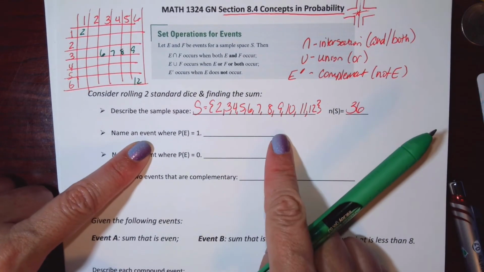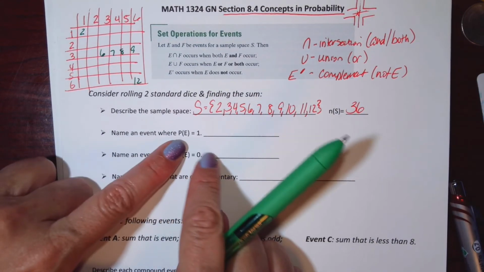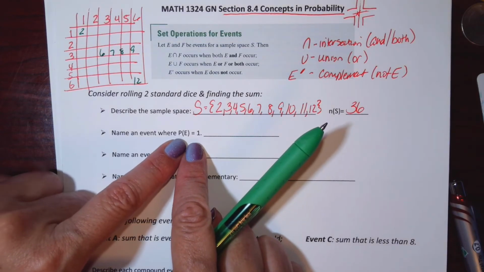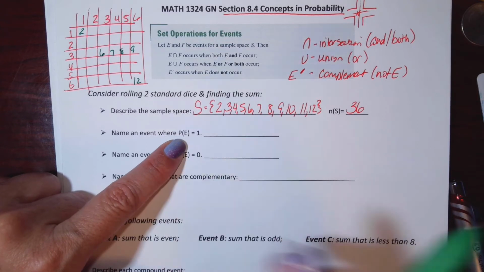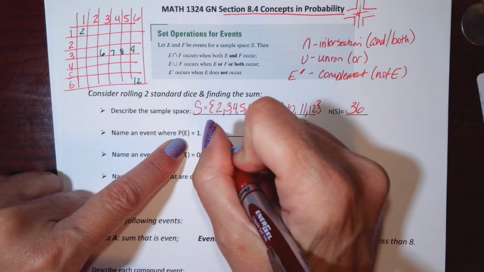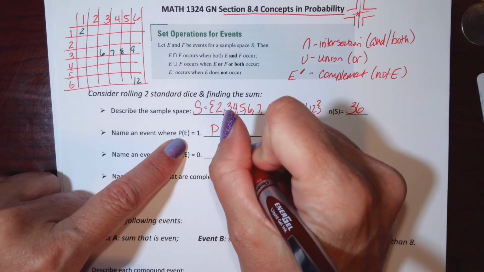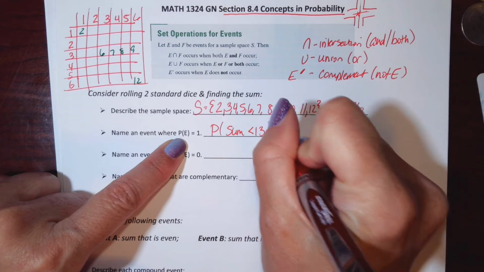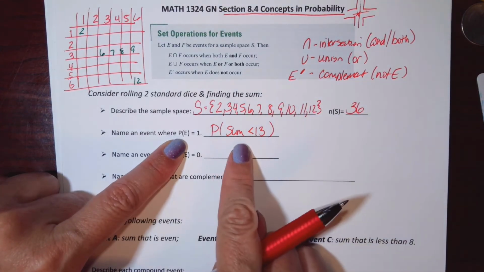Out of these outcomes, name an event where the probability of that event is 1. So the probability is a sure thing. We could list a lot of different options here. One I have written down is the probability that my sum is less than 13. That is an event that is a sure thing.